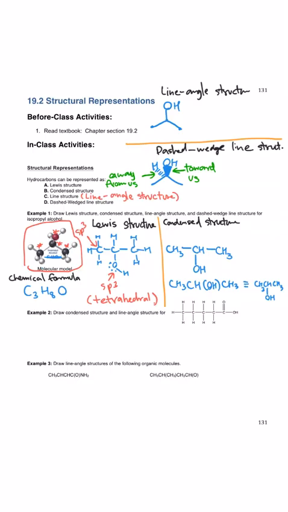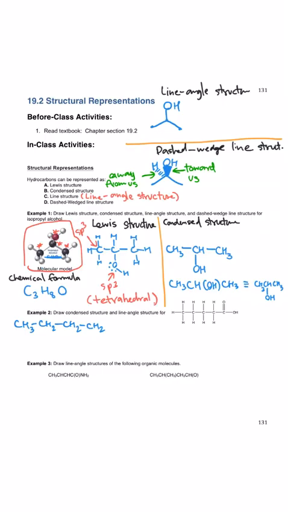All right, let's take a look at example 2. We're going to start with the condensed structure first. The condensed structure of this molecule can be written as CH3, dash, CH2, and dash again CH2. The next one is still CH2. The next one is connected to C double bond O, OH.